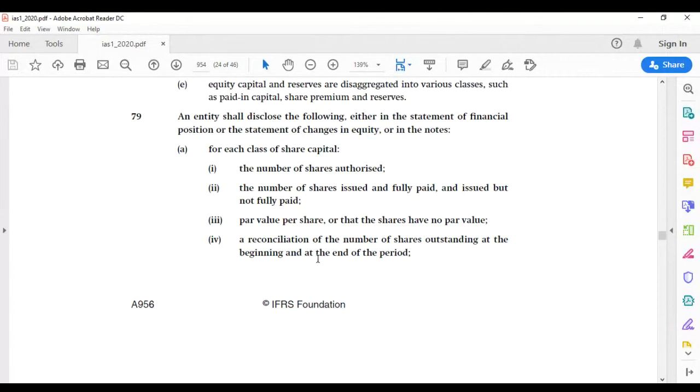So that is why we had that note where, besides disclosing the authorized number of shares of no par value, we also said what the balance outstanding was at the beginning of the period, what the balance outstanding was at the end of the period, and what the reconciling items are, such as a share buyback or an issue of shares or a redemption of preference shares, right? So this is where the requirement comes from.